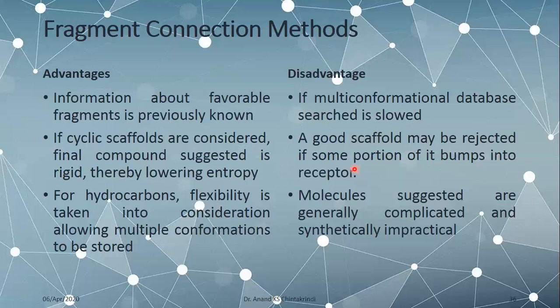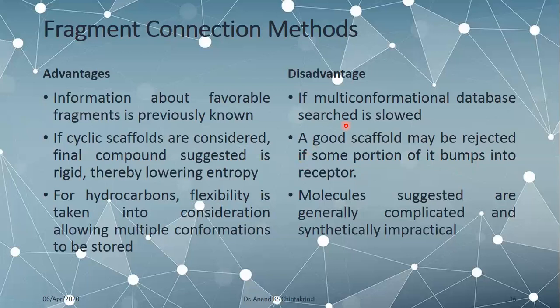Now, a good scaffold may be rejected if some portion of it bumps into the receptor. As we have seen, if the receptor shape in the previous slide was such that the tricyclic ring is bumping into it, although it is connecting the fragments well, since it is bumping, it is not considered. The molecules suggested are generally complicated and synthetically impractical.